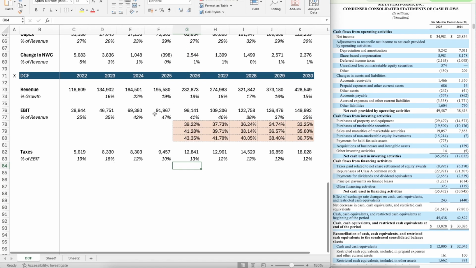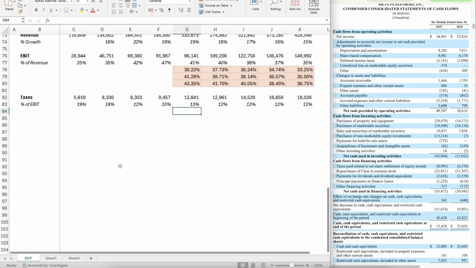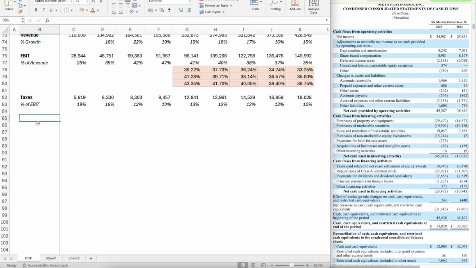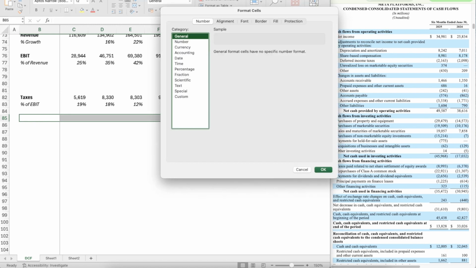And when we play with the switch on the EBIT, it will adjust the taxes as well, appropriate to the percentage of EBIT. Because it's all linked to calculating the cash flow, it keeps everything dynamic.